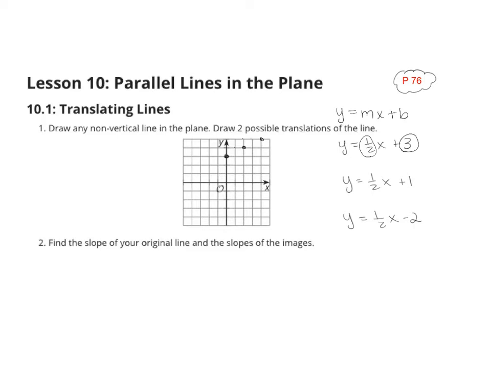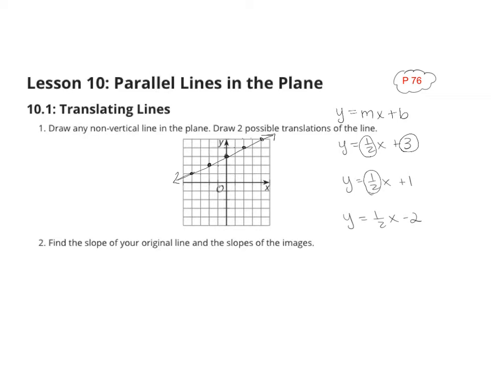And I can also go the other direction by doing the reverse movement, 1 down and 2 to the left, because that's a negative movement, and a negative over a negative would be a positive. Again, I could go down 1 and 2 to the left as well. And that creates, if I draw a nice neat line, the graph of y equals 1/2 x plus 3.